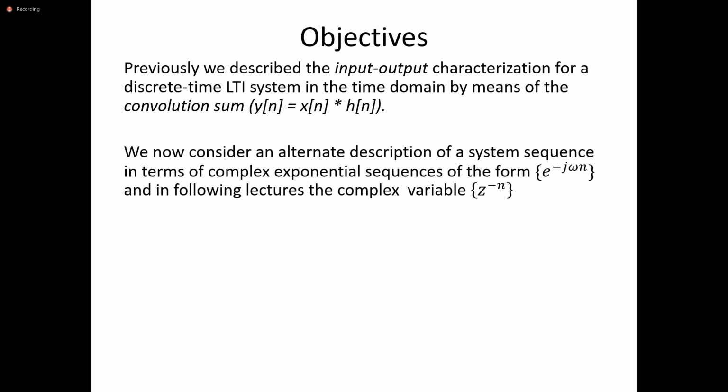Right. So you can define then a system in the time domain as a sequence of numbers. FIR systems have a finite impulse response, that is a finite number of values in representing that system. Infinite impulse response systems, of course, will have an infinite sequence representing the system.